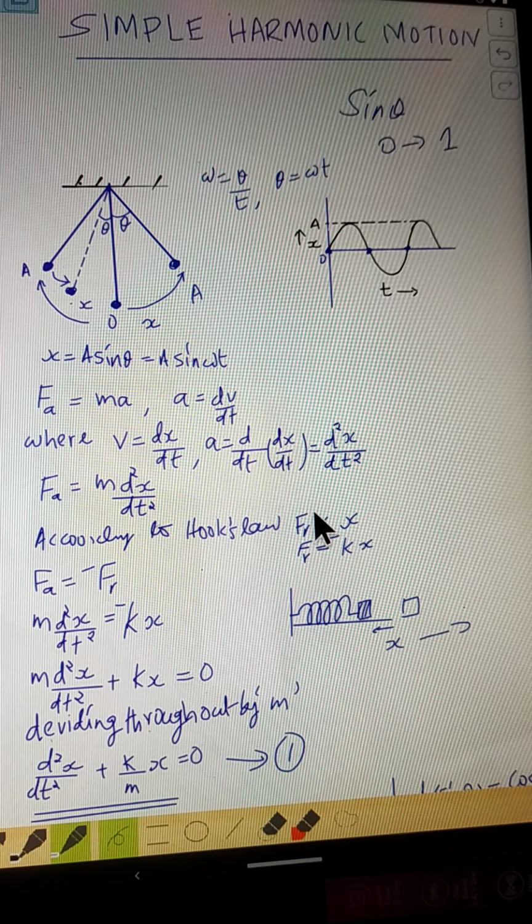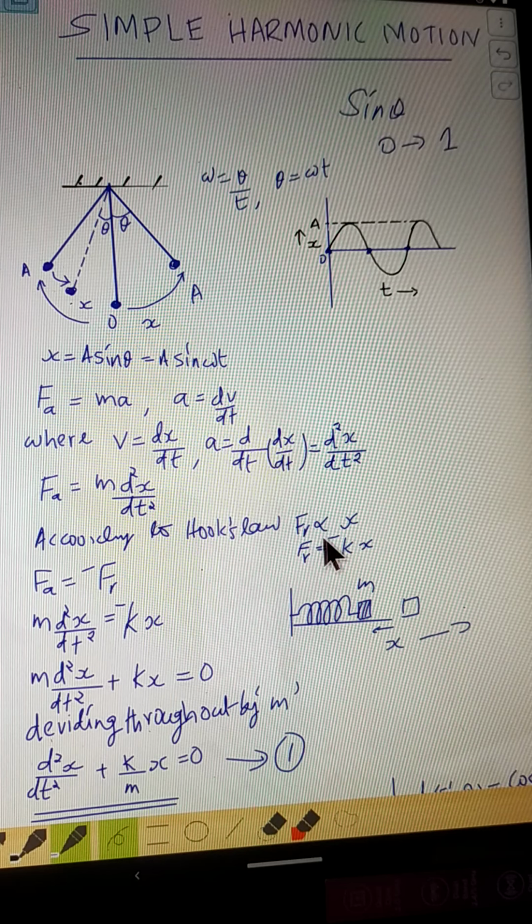If you displace the body to a greater displacement, for example, if here the bob or a block of mass m is attached to a spring, and you elongate it to a displacement x, it will come back. But if the displacement made is greater, with greater force it will recoil back. It will restore its initial position. It restores its initial position with a greater force. So the restoring force F suffix r is proportional to x, F is equal to kx, and this restoring force is opposite to the applied force.